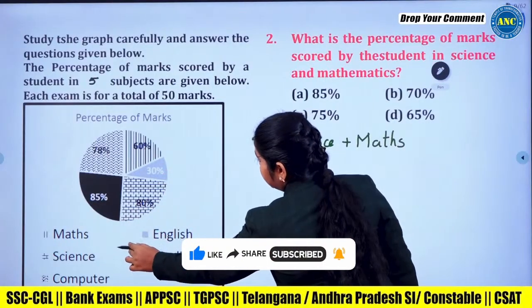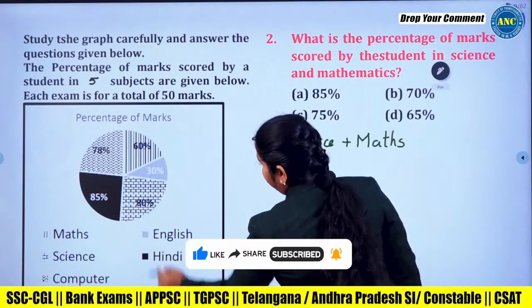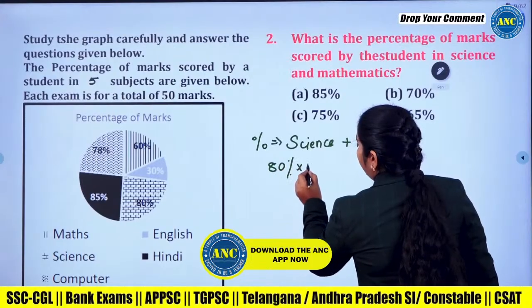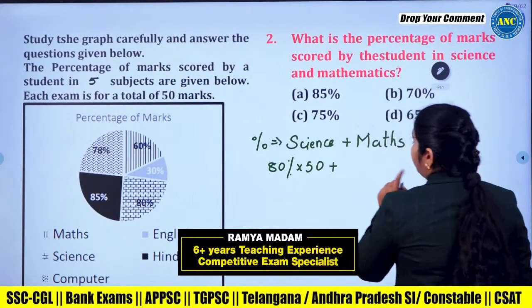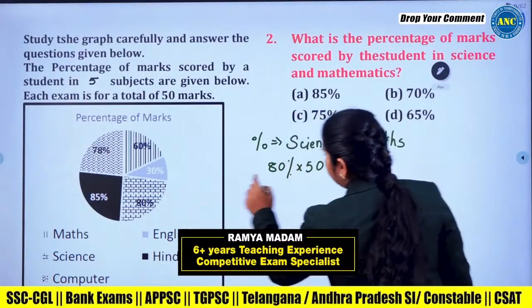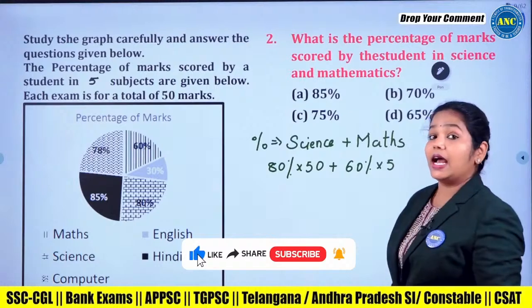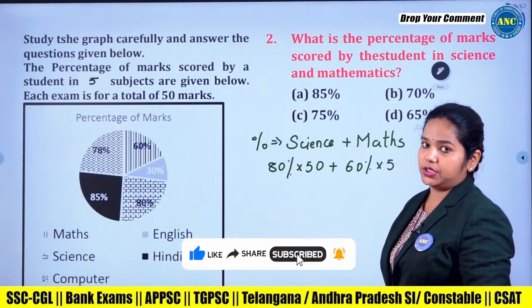Take science. In science, how much marks? 80%? Yes. 80% of 50 plus maths. Maths, if you see, it's 60% of 50. And they're asking what percentage?